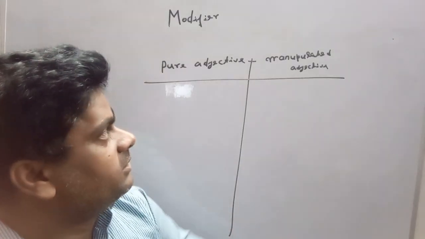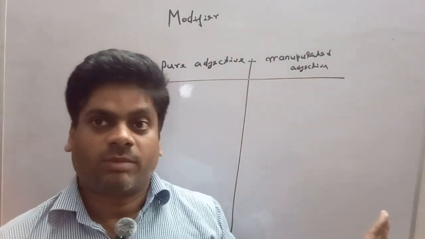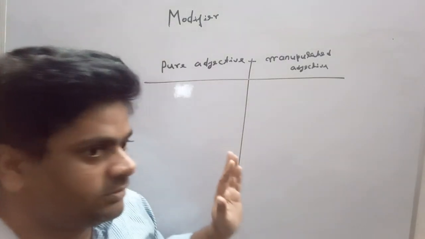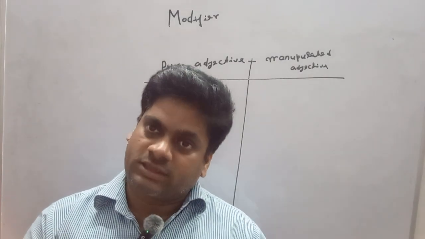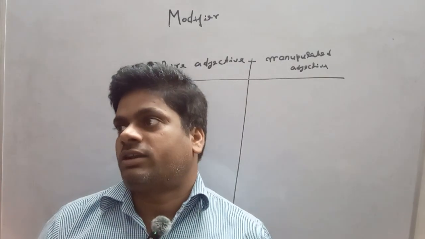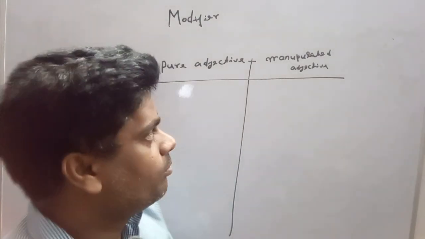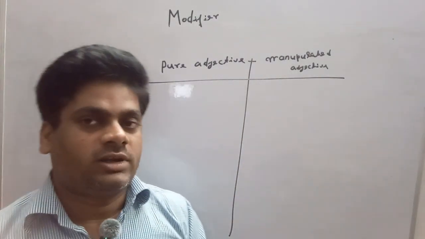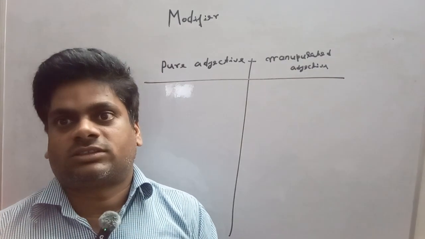It means pure adjectives are adjectives whether they are working in the structure of a sentence or out of the structure of a sentence. But manipulated adjectives can work only in the structure of a sentence.